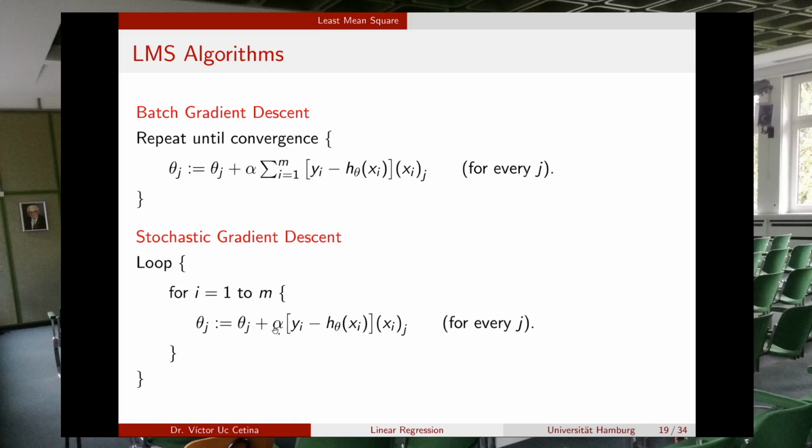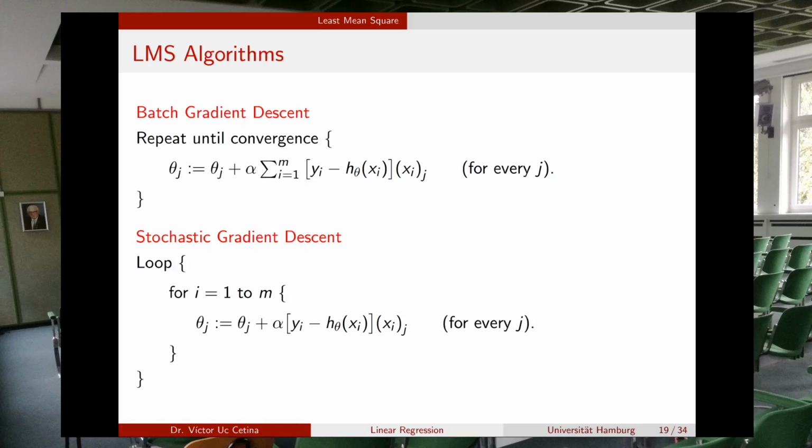In this case, you say, no, 1 million is a lot, I don't want to wait that much. I will take my first example, compute the error, and update my parameter theta 0, then theta 1, 2, and 3. Then I will move to the second example and update again the parameters. So even though it looks very similar, the advantage of the stochastic gradient descent is that you can see much faster how the curve is adapting to the points, so how the error is going down.